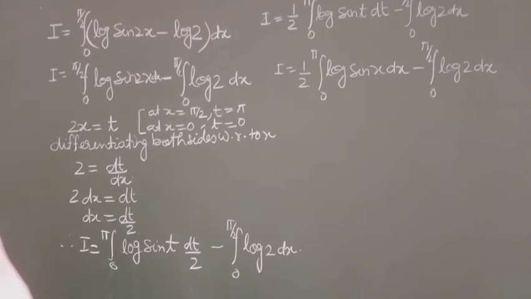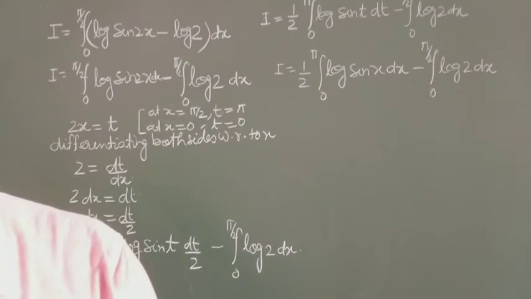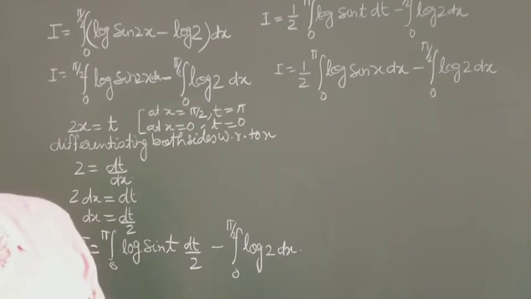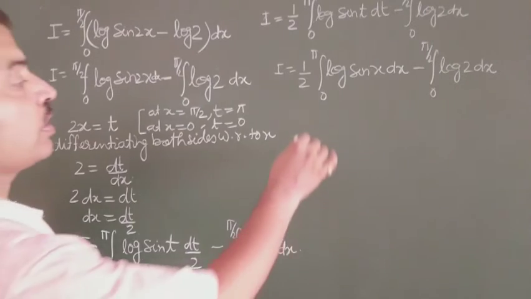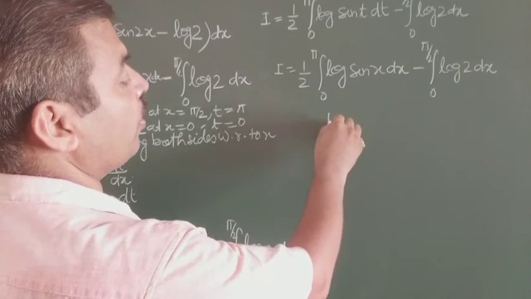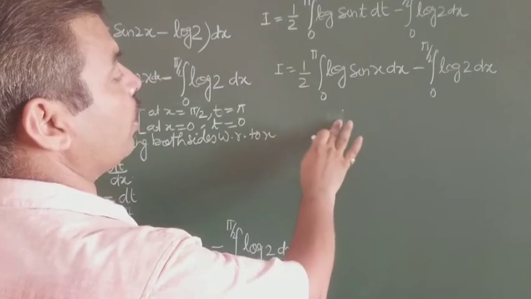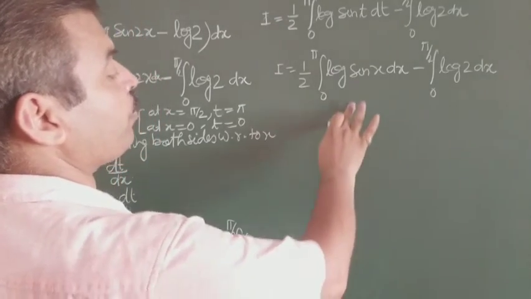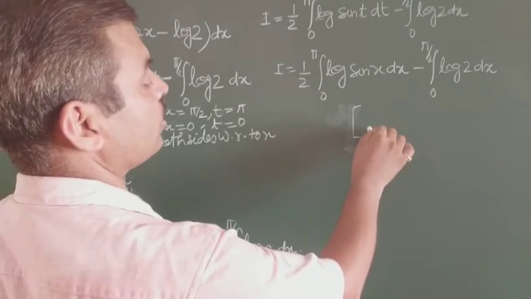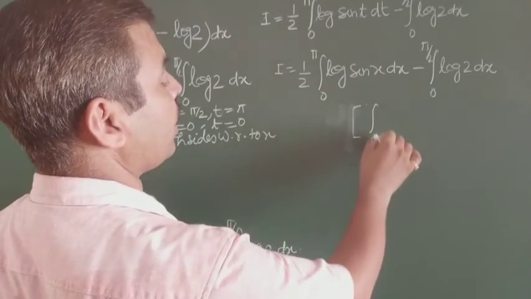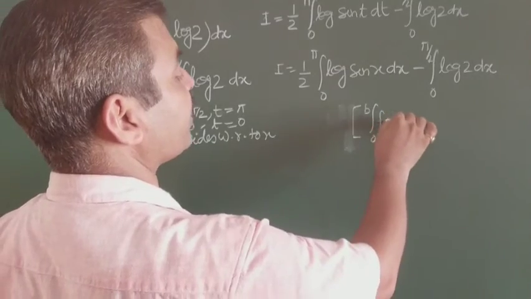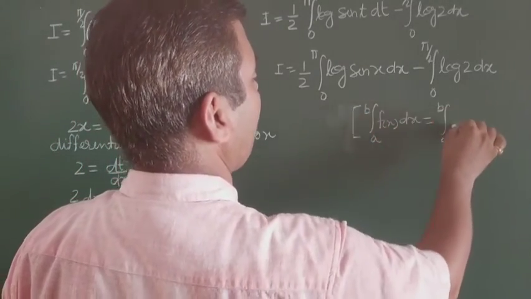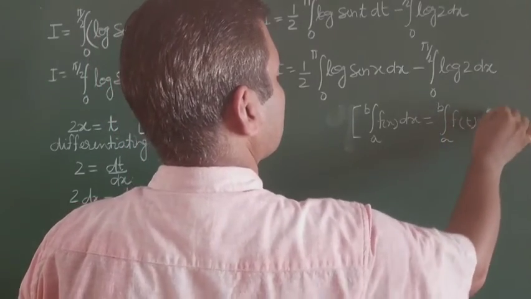Okay students, earlier in the questions we have got this one, 0 to pi. First of all we have to write the property here: integral 0 to a or a to b f(x) dx equals to a to b f(t) dt.